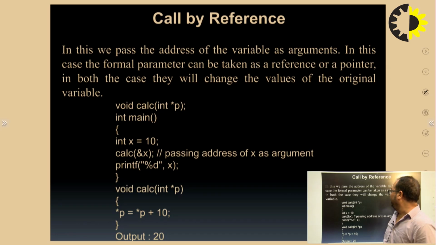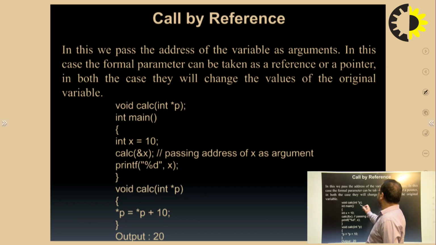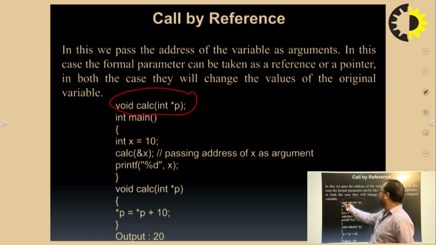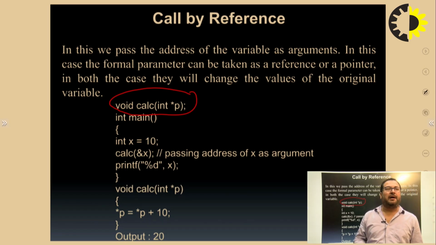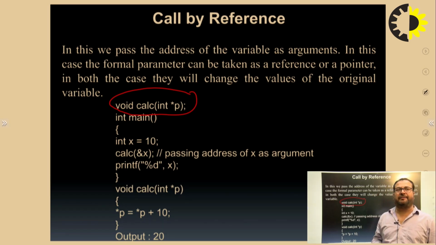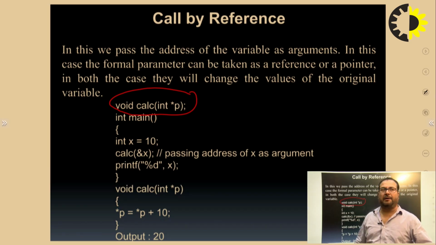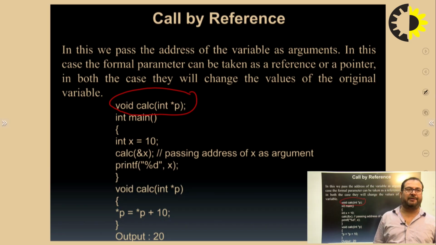So here is the prototype declaration of this function calc, where the return type of the function is void, and since we are going to pass an address, we need to have a pointer which can store the address. That's why we have used a pointer as an argument.